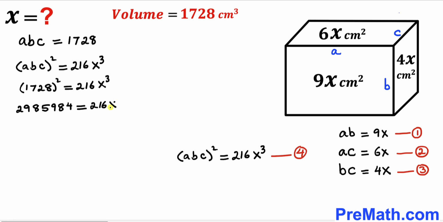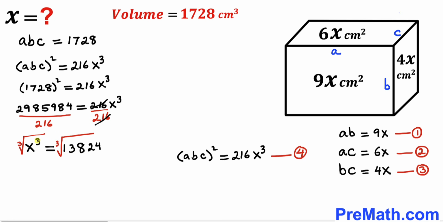And now I'm going to divide both sides by 216. This 216 and 216 is gone. So we could see that our x power 3 value is going to be equal to 13824. And now I'm going to take the cube root on both sides of this equation.